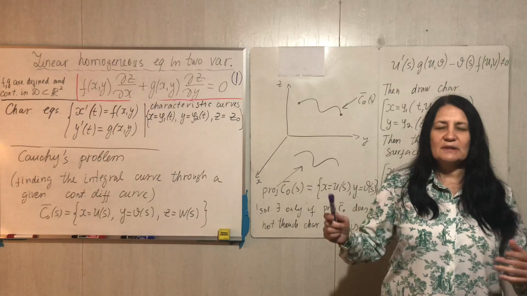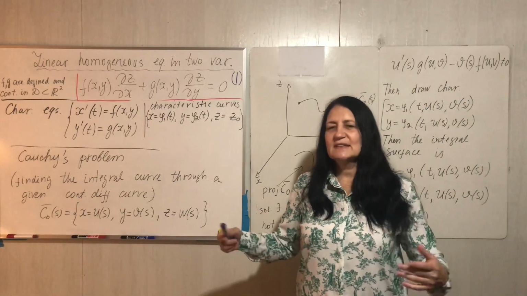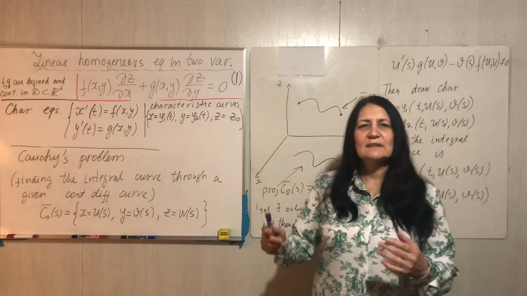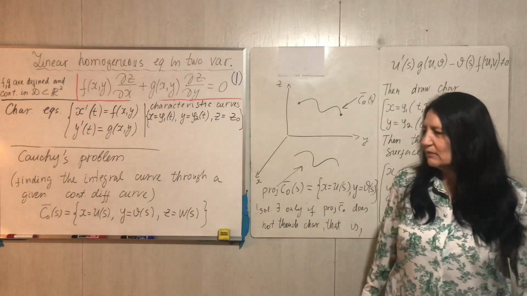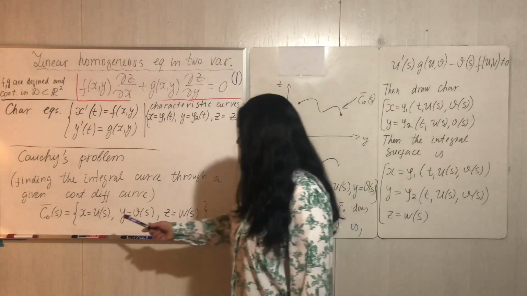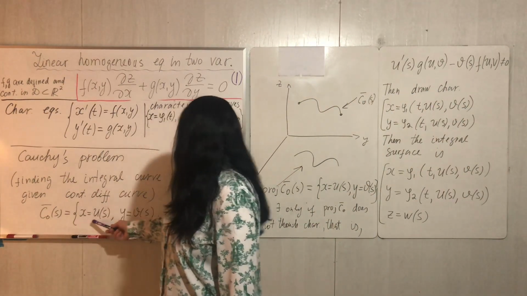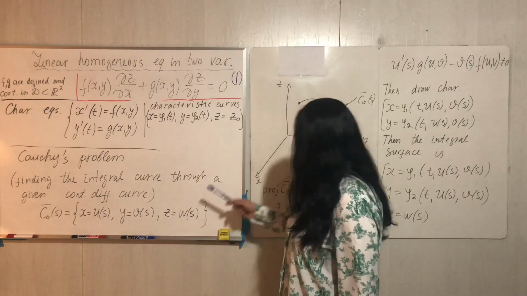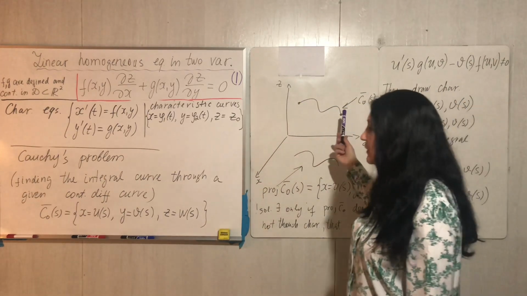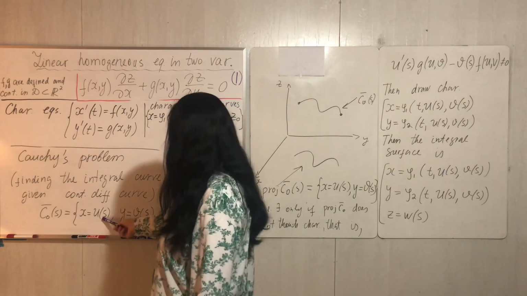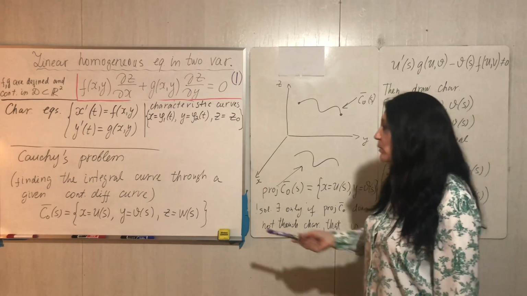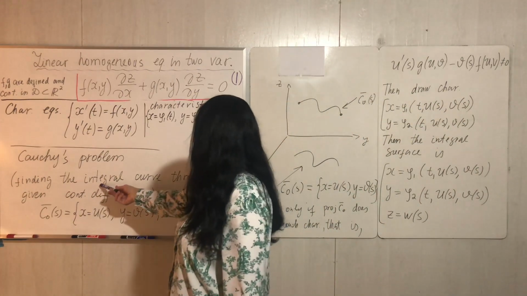So far I will just state the main ideas, and I will prove the theorems later. I just want you to have a taste of what we're doing. So suppose we're given a curve. This is a parameterized curve, where s is a parameter along this curve, and we want to build an integral surface.